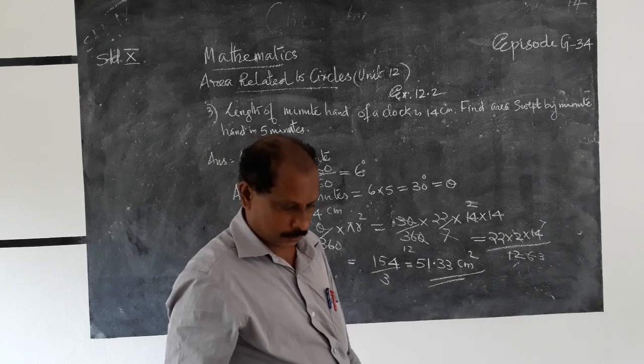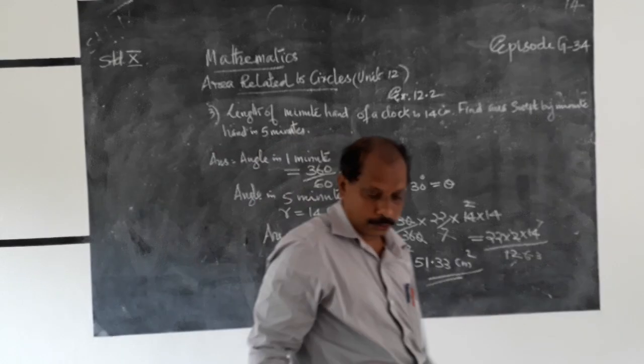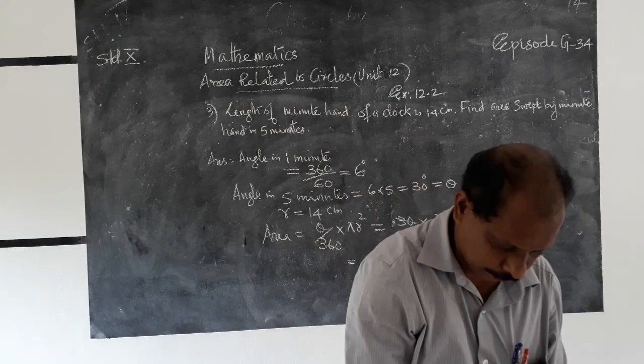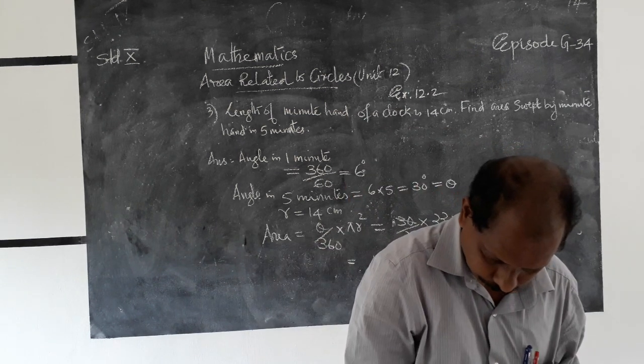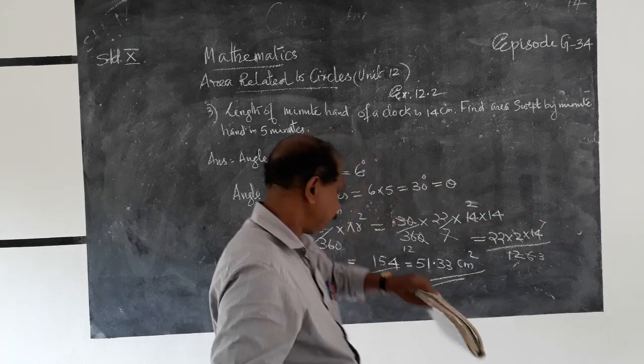That is the answer. Area is equal to 51.33 centimeter square.